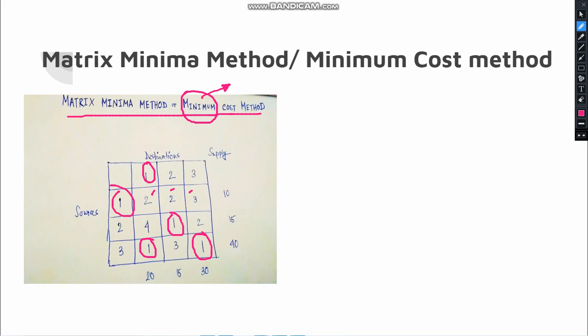Here the demand is 30 and here you have a supply of 40. So what will be your objective? You will try to allocate most of the amount in such a way that the cost is very less. So we can allocate this 30 here.